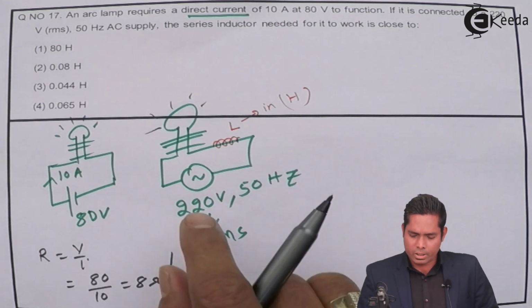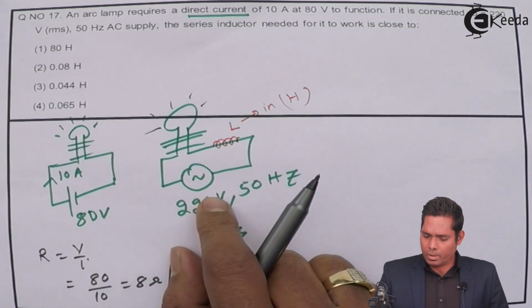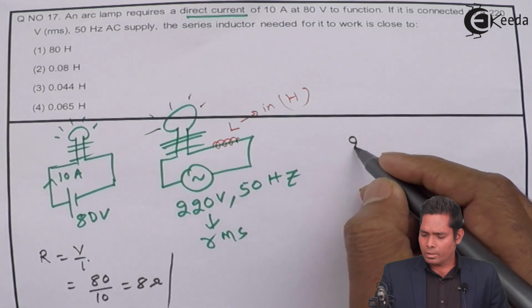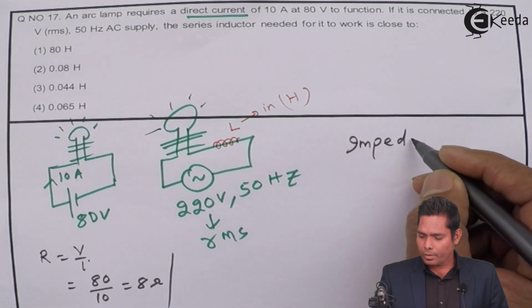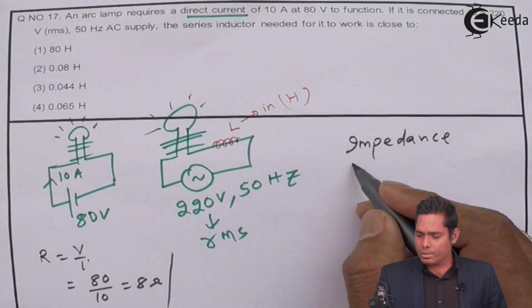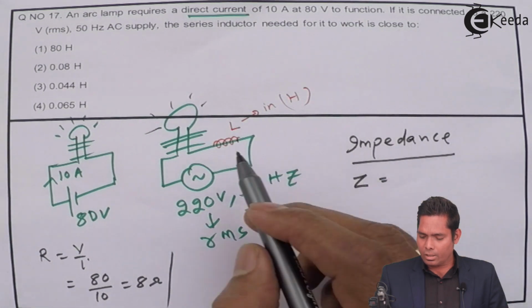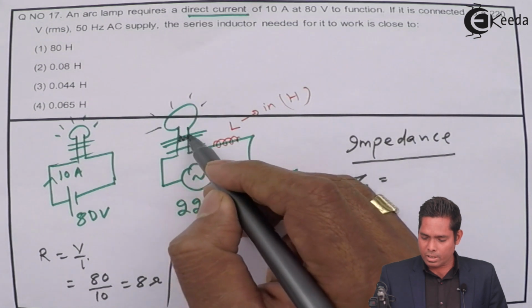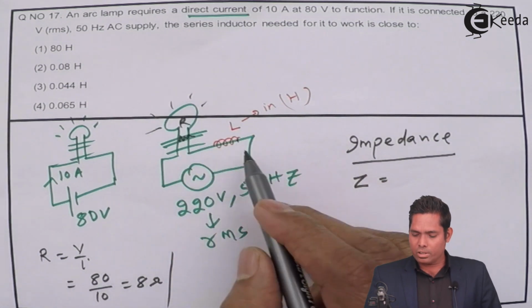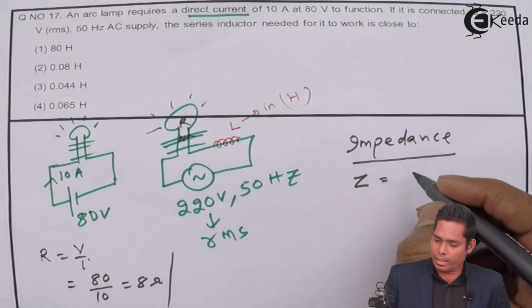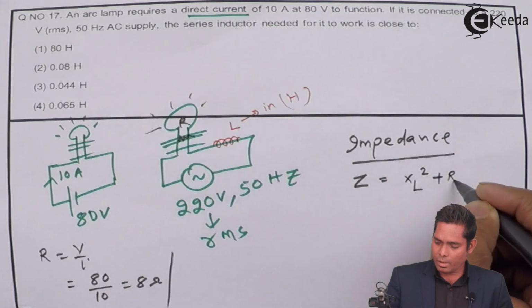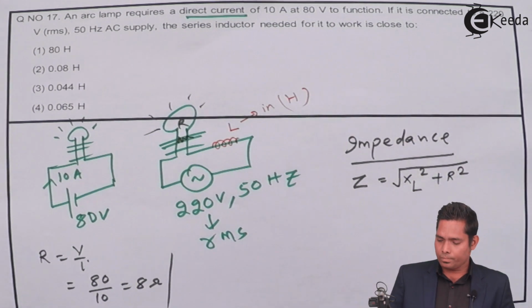Now when this is connected to this, because this is alternating, the impedance is considered here. Impedance Z: whatever is the resistance here, this is basically an RL circuit. So in an RL circuit Z is the square root of XL square plus R square.